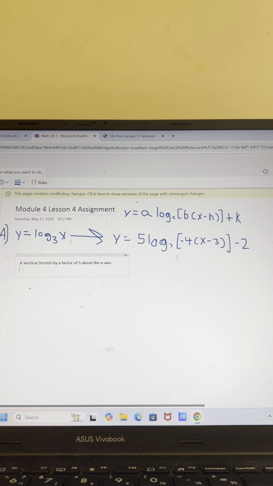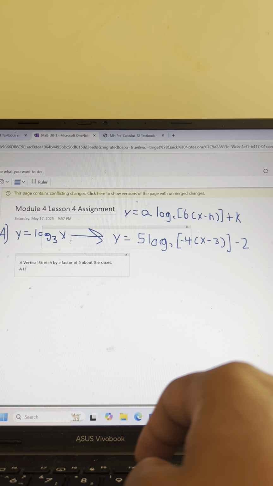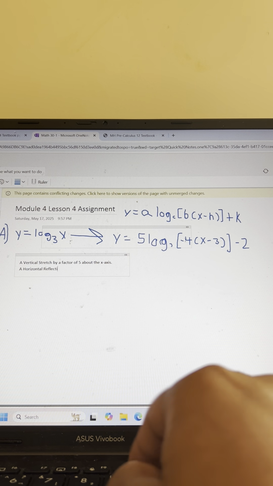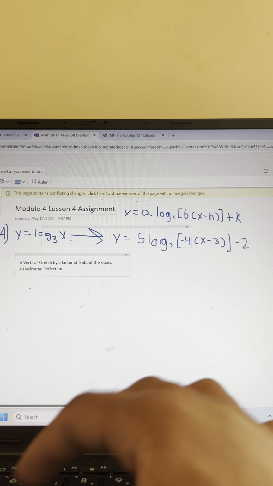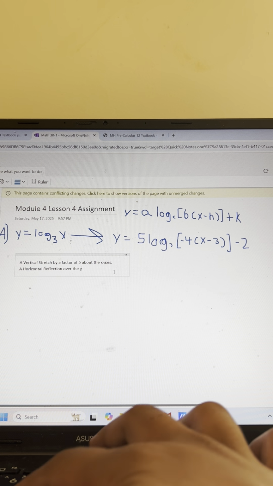And we also have a horizontal reflection over the y-axis right here because there's a negative sign. We could say a horizontal reflection over the y-axis.